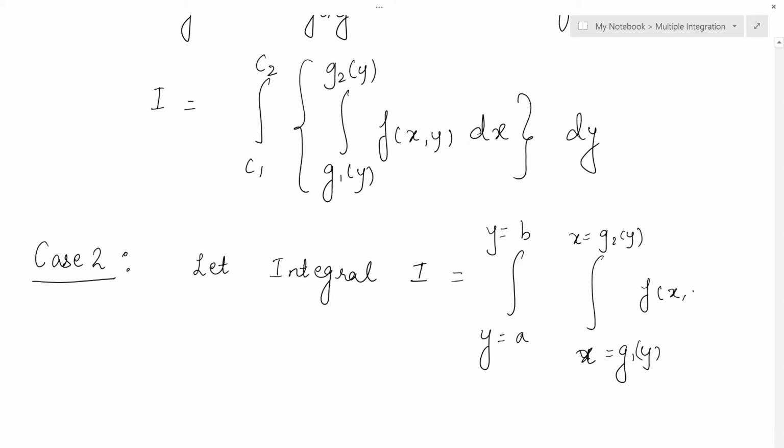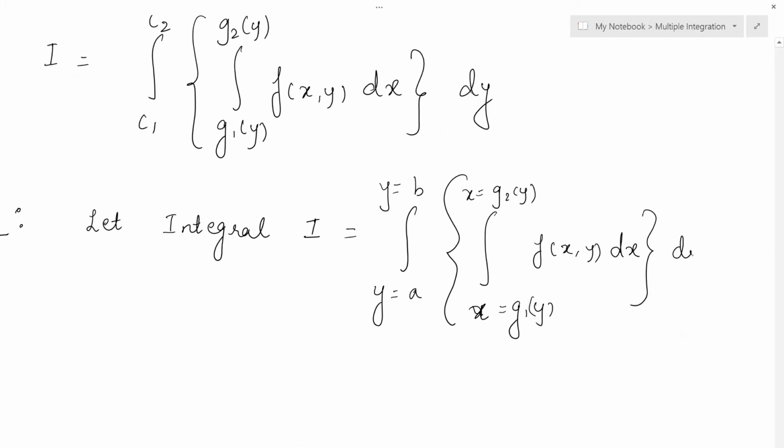In the question, they have given to integrate with respect to x first and then with y. The question is change of order. So again follow the same steps that I showed you in case 1.